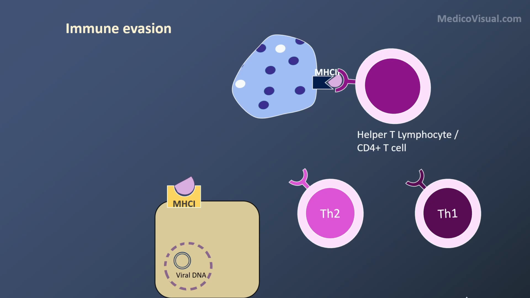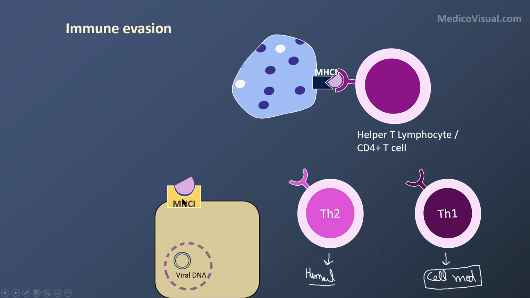Th1 helper T lymphocyte promotes and potentiates the cell-mediated immune response, right? And Th2 promotes the humoral, or antibody, immune response, right?